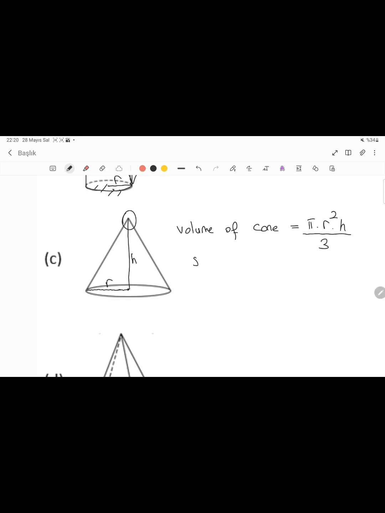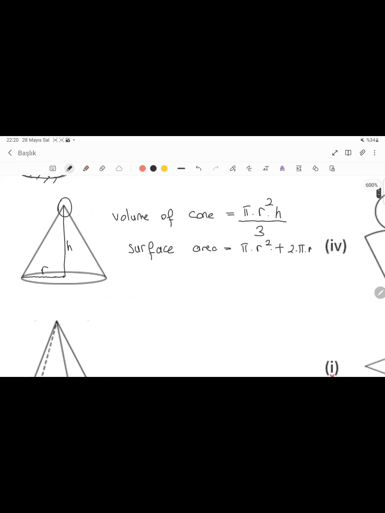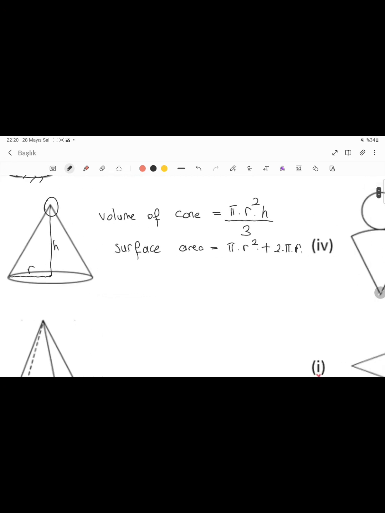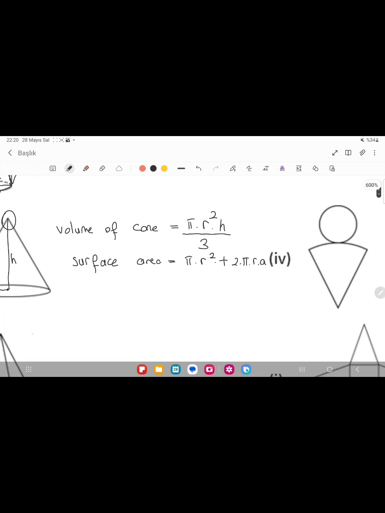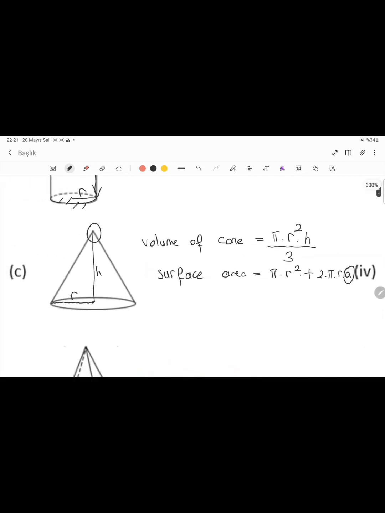Also, the surface area is equal to pi times r squared plus pi times r times a. A means the edge of the cone.